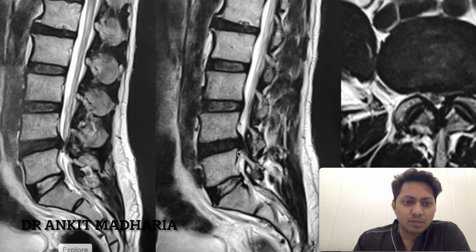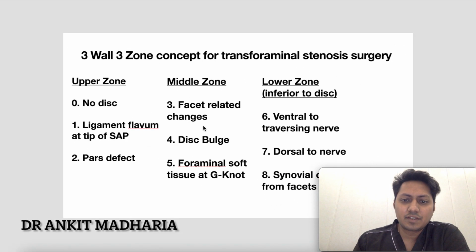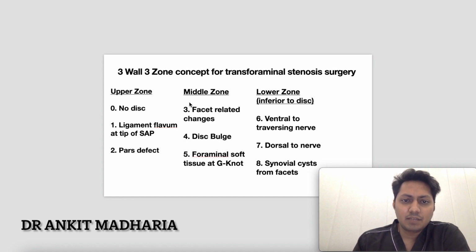I'll be demonstrating how I'll decompress the ventral surface of the dura in the lower zone. Dorsally there's not much compression, so I'll not go dorsal to the dura, and there's no facet cyst. So basically my target would be facet related changes, disc bulge, foraminal knot and the ventral surface of the traversing nerve in the lower zone.